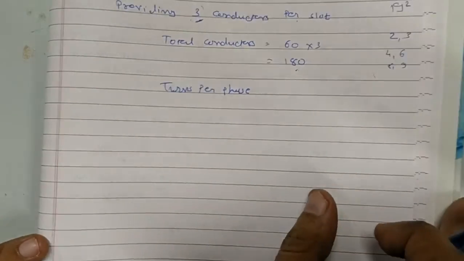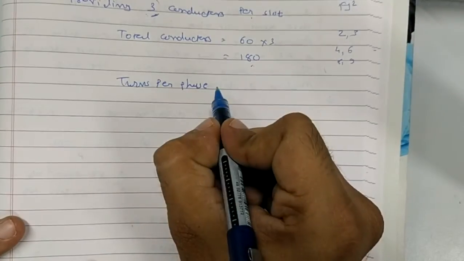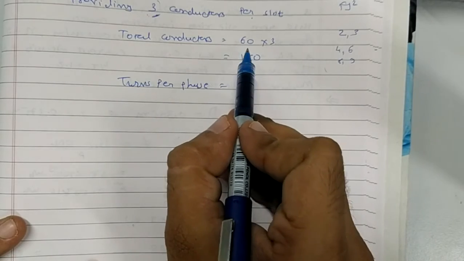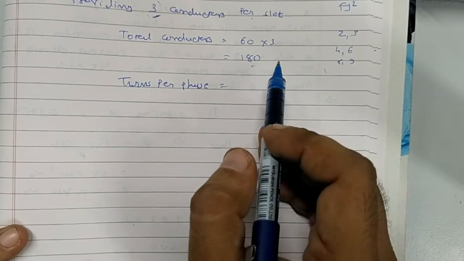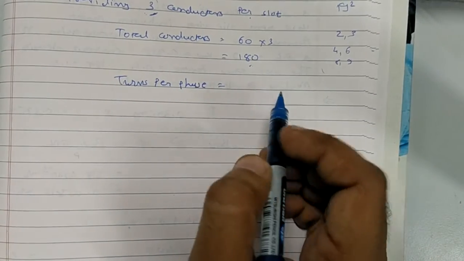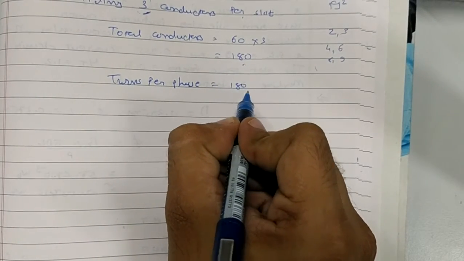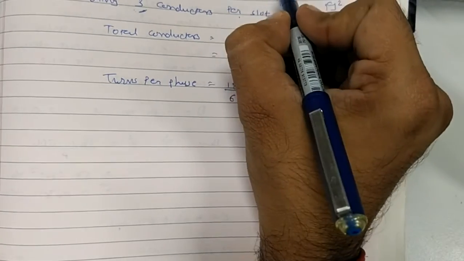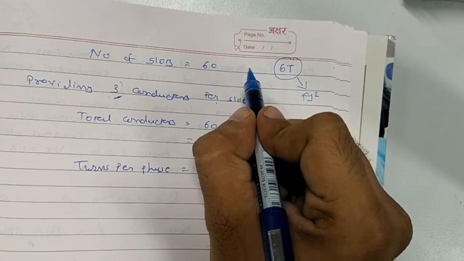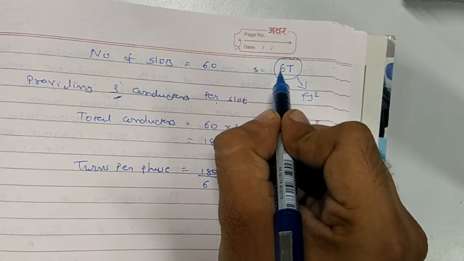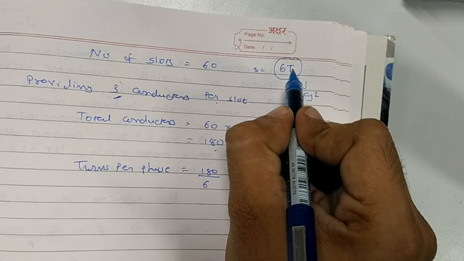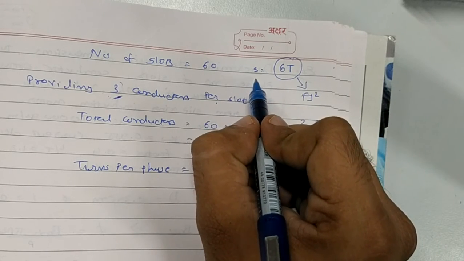So turns per phase is total conductors divided by 6, so 180 divided by 6. Total conductors is equal to 60, I need to calculate t, so 6 will go over here.